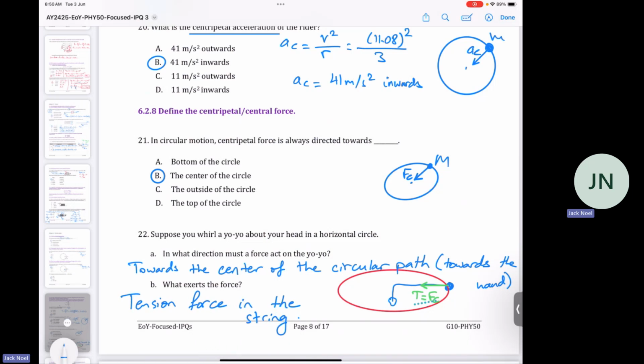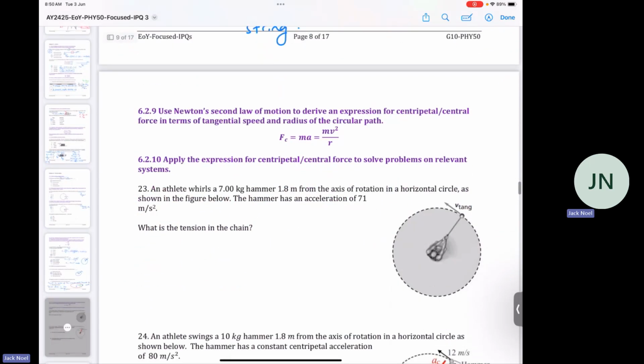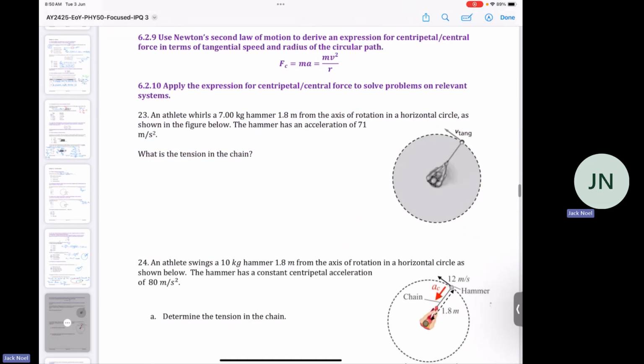Next, an athlete whirls a 7 kg hammer 1.8 meters from the axis of rotation in a horizontal circle as shown in the figure below. The hammer has an acceleration of 71 meters per second squared.